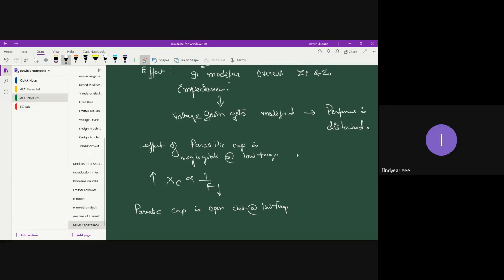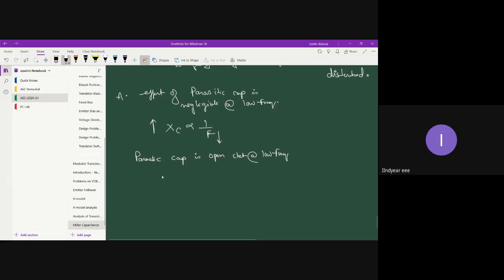Your parasitic capacitances can be regarded as open circuit elements at low frequency. But at high frequency, you cannot treat them as open circuit elements, because at high frequency the reactance is very low.